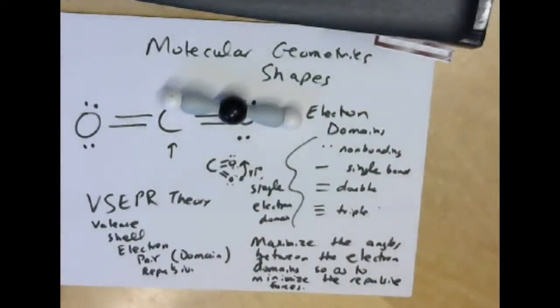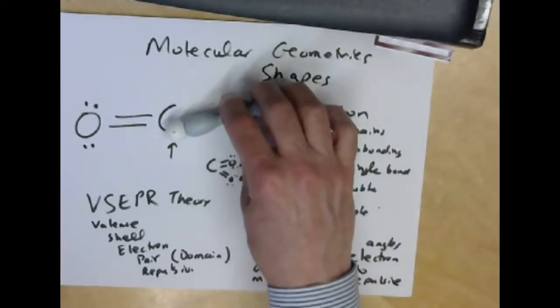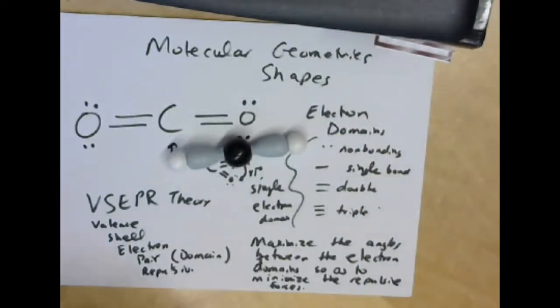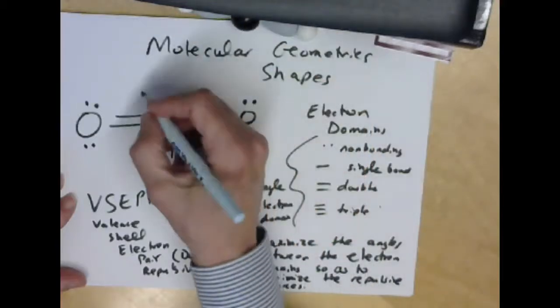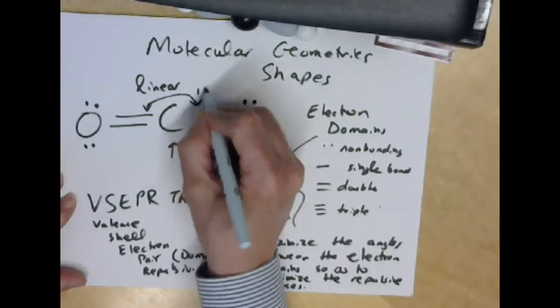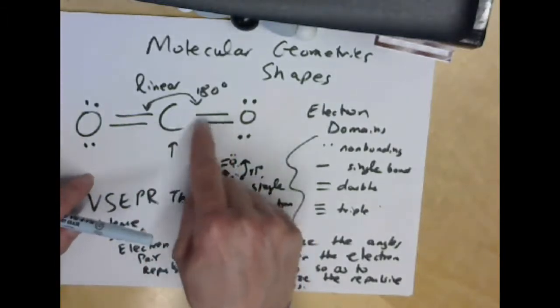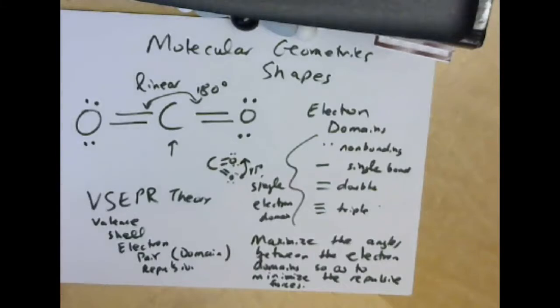So there's my CO2 molecule, if you will, and by taking a linear arrangement, that bond angle is 180 degrees, and we have maximized that angle to minimize repulsive forces. And so we can talk about the electron domain geometry, which describes how the electron domains are arranged.